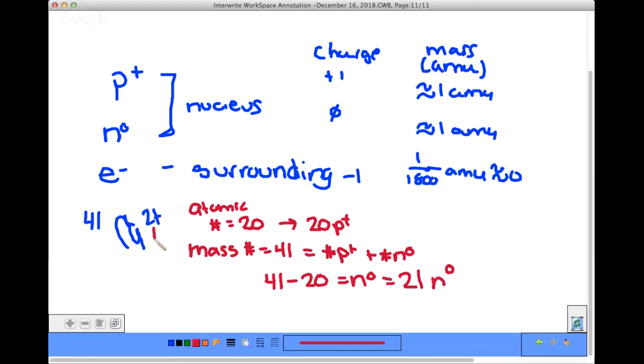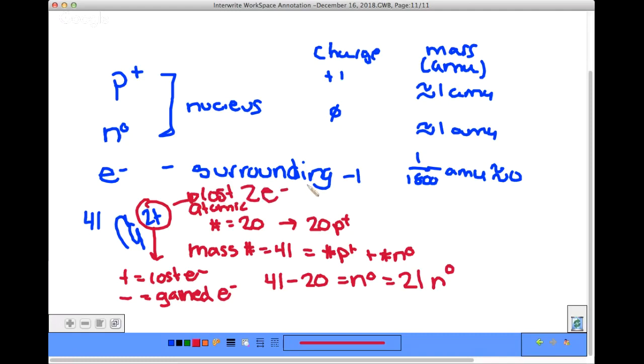Now, this positive charge right here has to do with electrons. If it's a positive, that means that I lost electrons. If it's negative, that means I gained electrons. Since it's a positive 2, that means I lost 2 electrons.